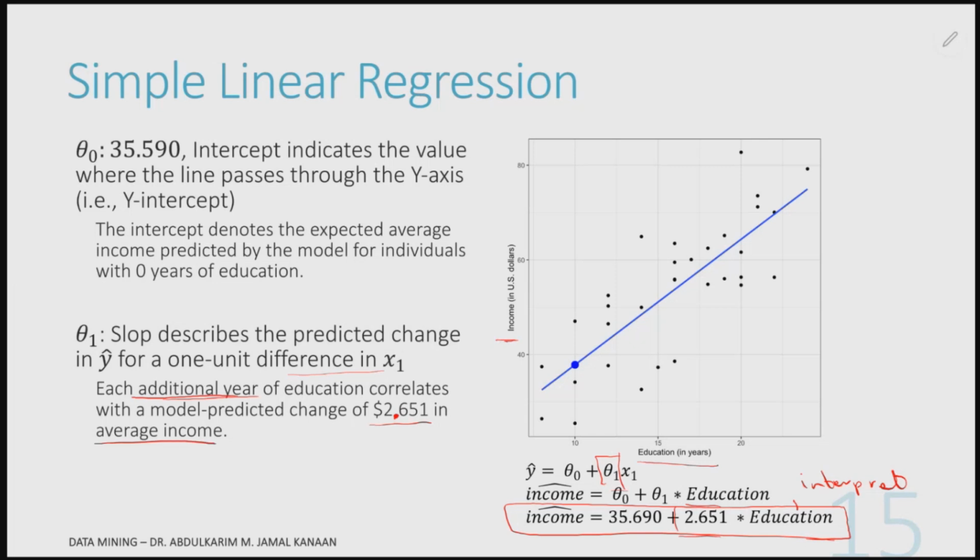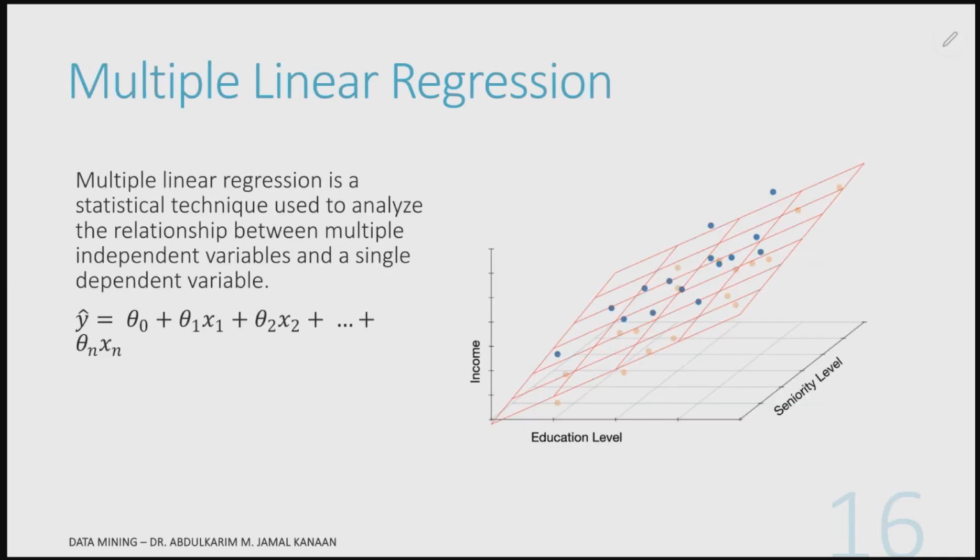For each additional year in education, the person will get a change in income of 2.65 on average. Why are we saying on average? Because for different people the model may have different values, up and down. So we're talking about an average.